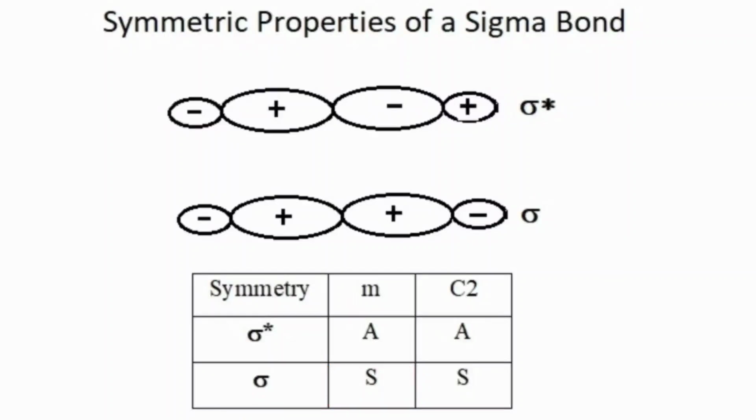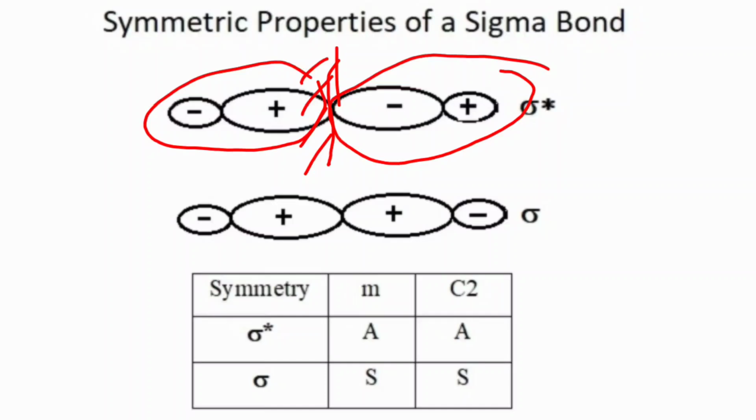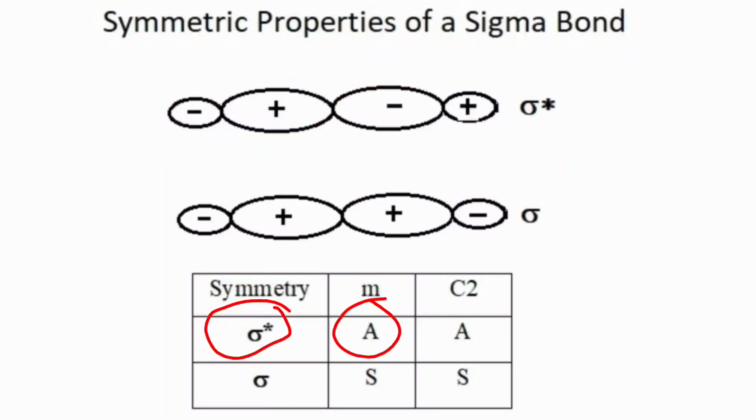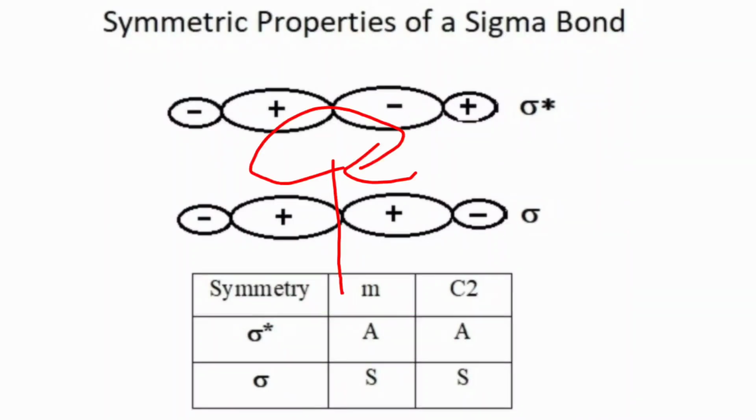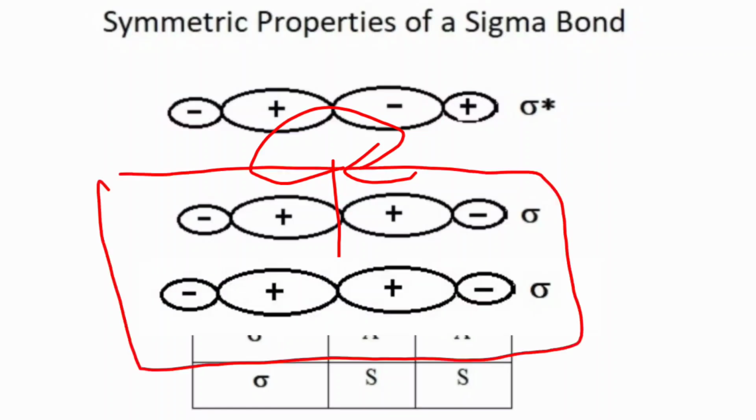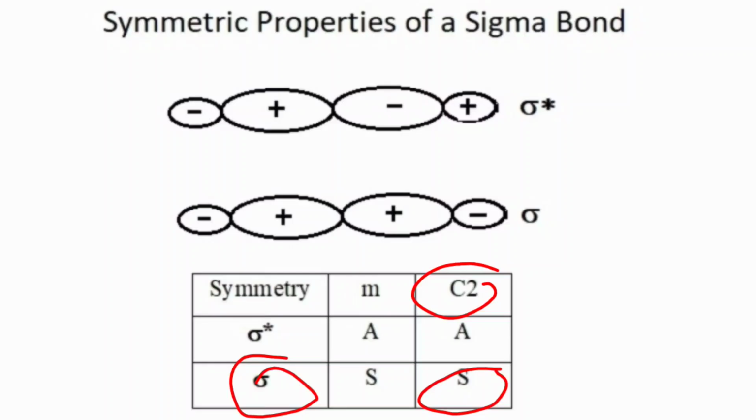Now here by placing a mirror, what happened? These two are not symmetric. That's why sigma star is asymmetric with respect to mirror plane symmetry. Now by rotating this orbital by 180 degrees and observing, this orbital becomes symmetric with respect to the C2 axis of symmetry also.